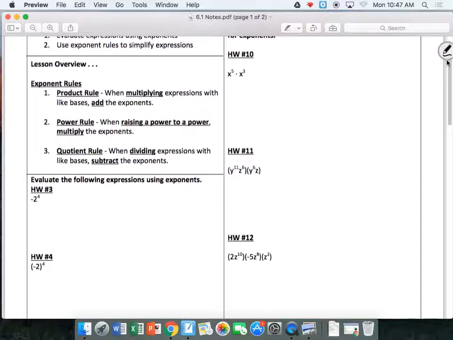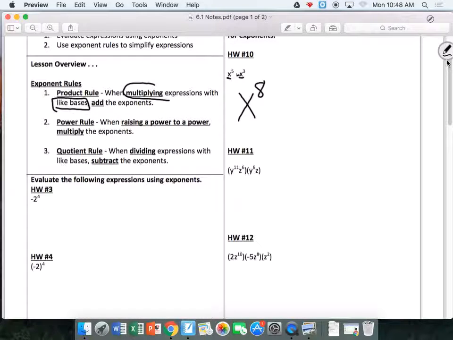The product rule says when you are multiplying expressions that have like bases, and the bases are the numbers or the variables that are multiplied together. So these x and x, those are the bases. As long as those are alike, I can just add the exponents. So 5 plus 3? You're right. So this would be x to the 8th power would be the answer.